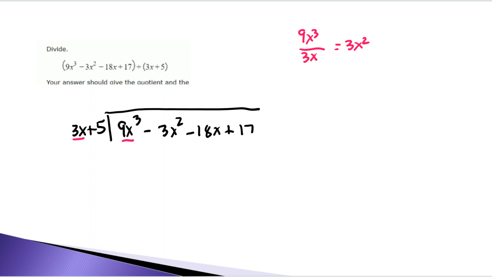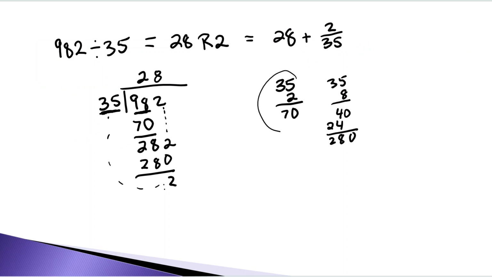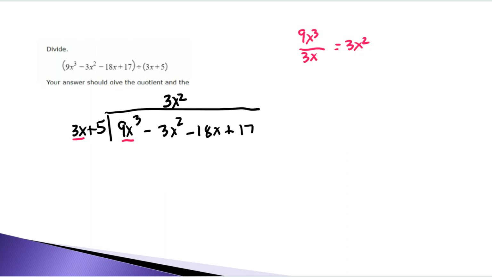So the first thing I have here is going to be a 3x squared. Then I multiply, just like before. When I multiplied the 35 times the 2, I'm going to take the 3x plus 5 and multiply it by the 3x squared.